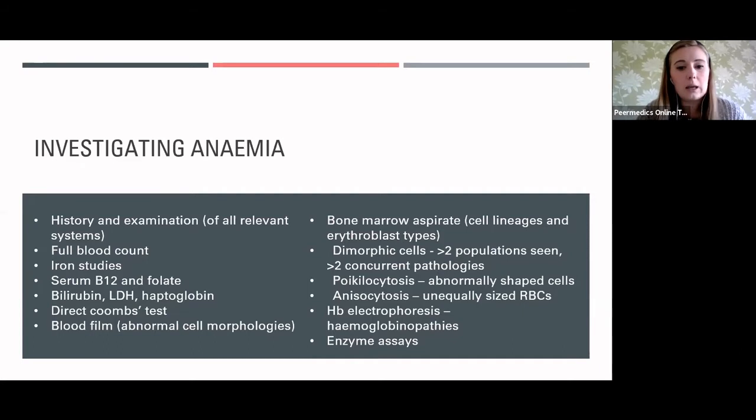In cases where you've got haemoglobinopathies, so things like thalassaemia and sickle cell, consider electrophoresis, and enzyme assays for the enzymes needed in the metabolism of red blood cells, so G6PD and pyruvate kinase. You do an enzyme assay just to see what the activity levels are like on those.